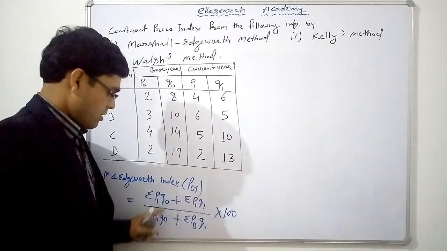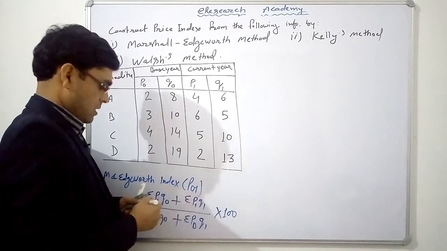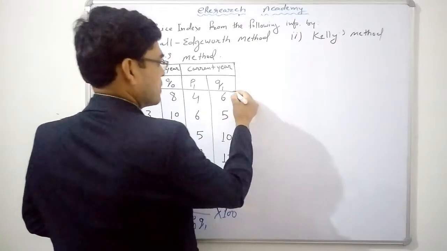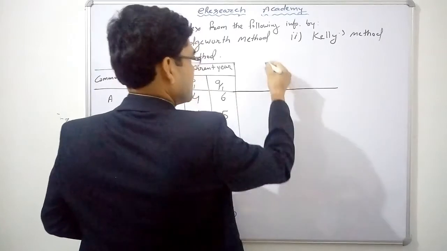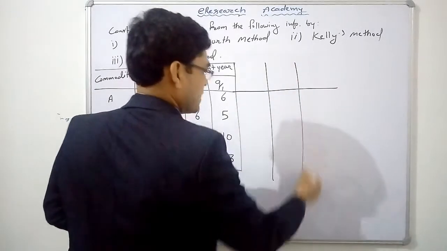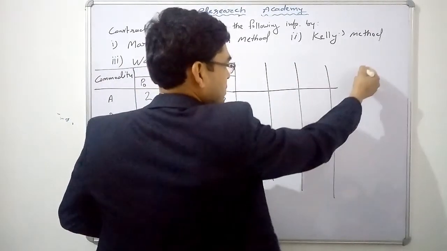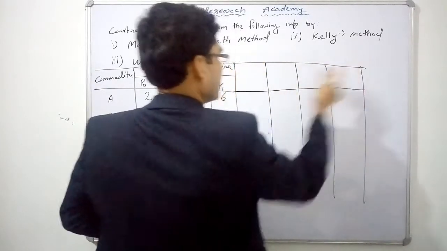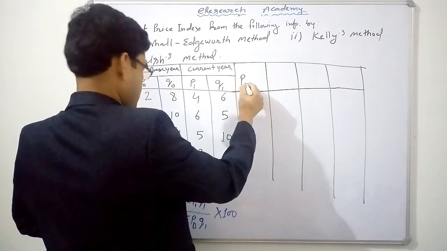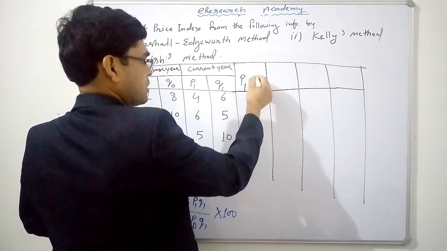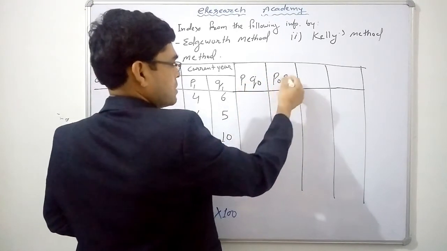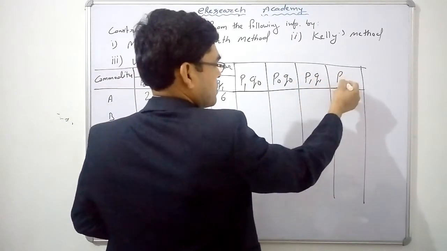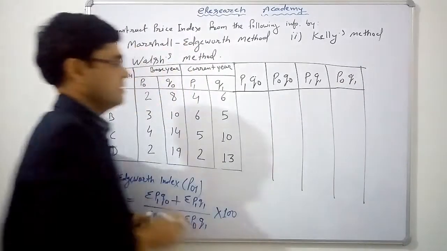So these four columns we need: first one is P1 Q0, P0 Q0, P1 Q1, and P0 Q1.